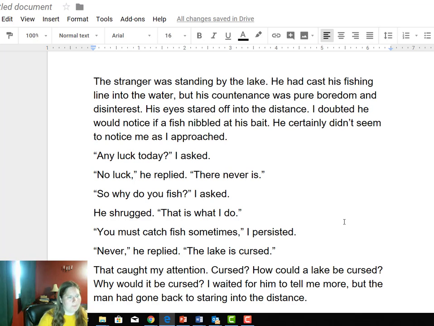Now, in this example, most of the paragraph breaks are related to dialogue, but it doesn't have to be. You can have paragraph breaks when you're not doing dialogue. You can have lots of them. Look for when you change your topic, even slightly.